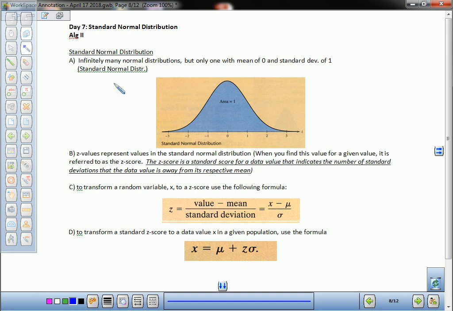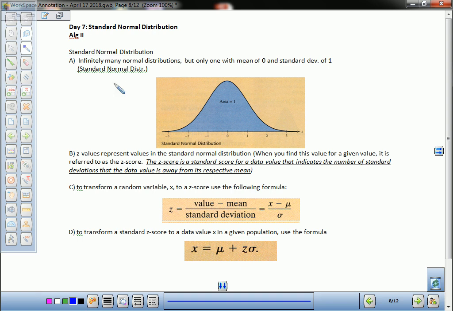This part forces the standard deviation to 1. Now, what is this called when we do this? So what we're creating is a z-value. A z-score is what it's normally called. And that z-score is part of the standard normal distribution for a data set that indicates the number of standard deviations that the data is away from the mean.